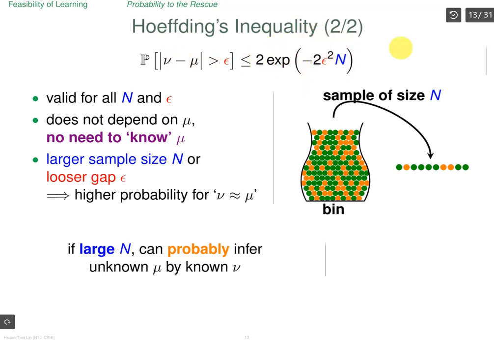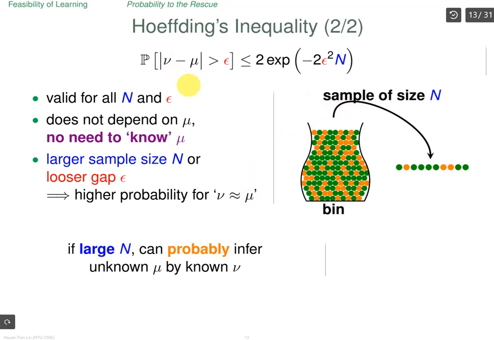This means a higher probability that nu approximates mu. The probability of mu being different from nu by some absolute value is very low. Very low on this side means we can say there is a high probability of mu approximating nu.